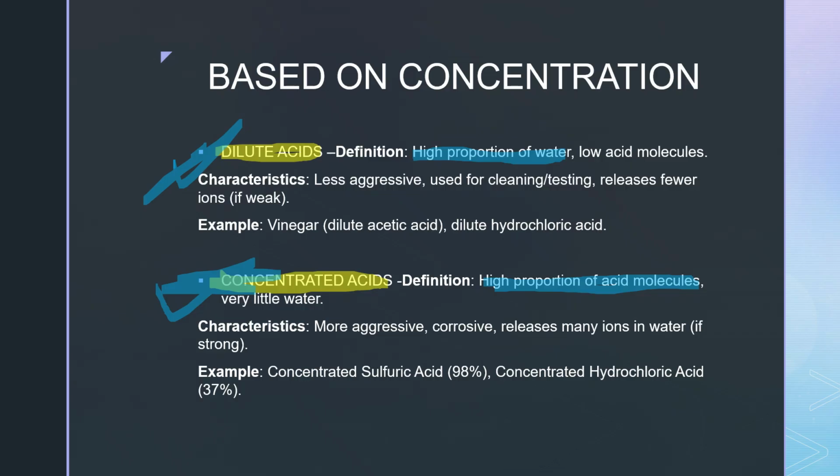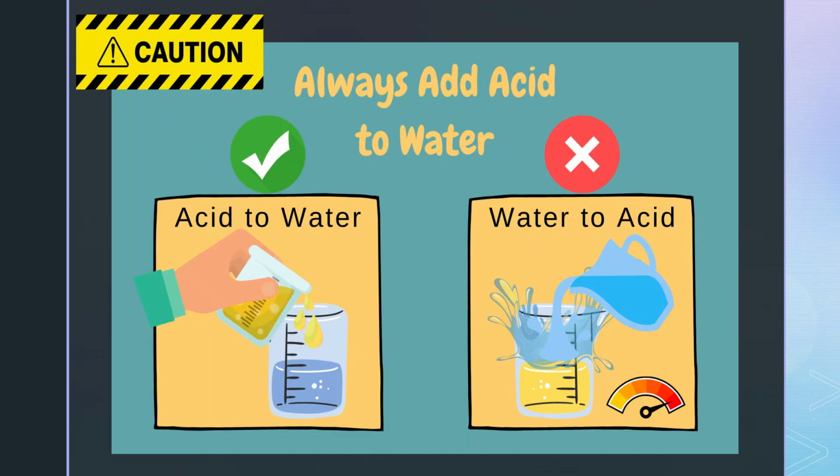Now let's move to the very important thing. If you want to dilute a concentrated acid, what are we supposed to do? We will add water to it, right? But there is a specific way proposed by the scientists, that we will never add water to acid.